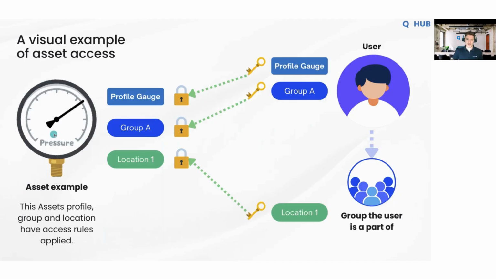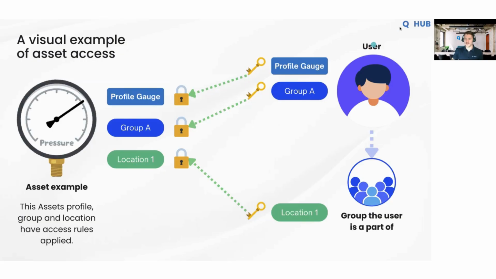If you imagine we have an asset example here, it might be a pressure gauge for a particular type of check that you perform. This would be under the profile of gauges, or it could be pressure gauges, as we said earlier. And then it might be group A, which in this scenario may be engineering, and then it could be location 1.